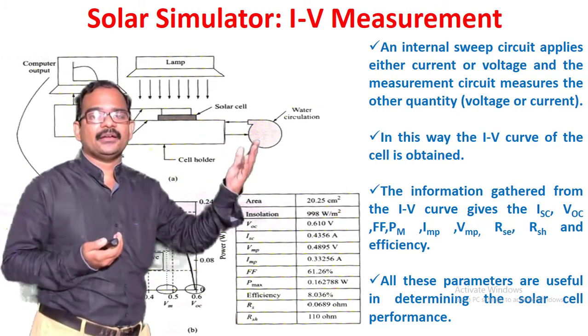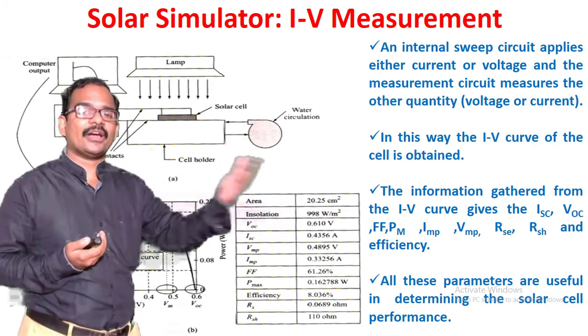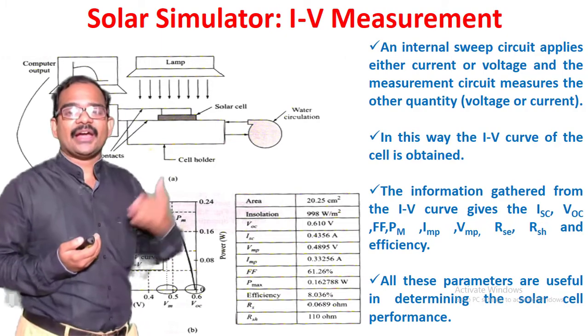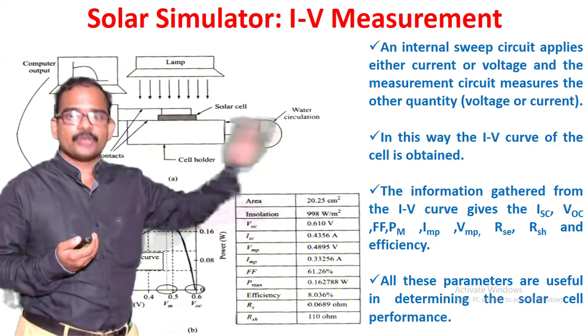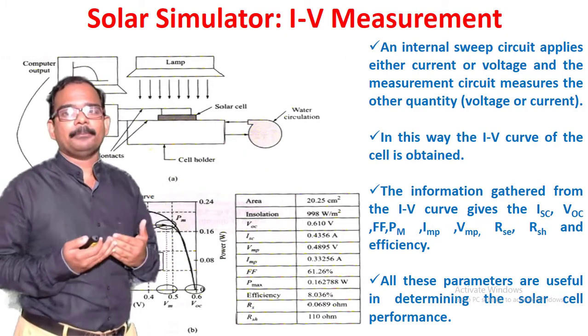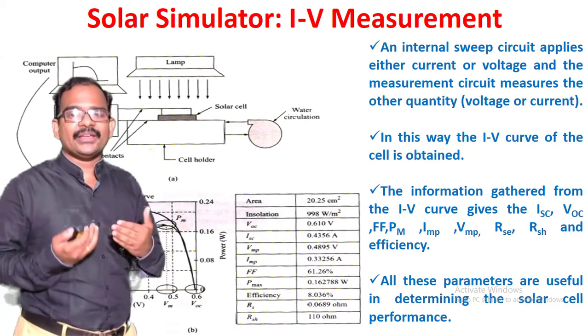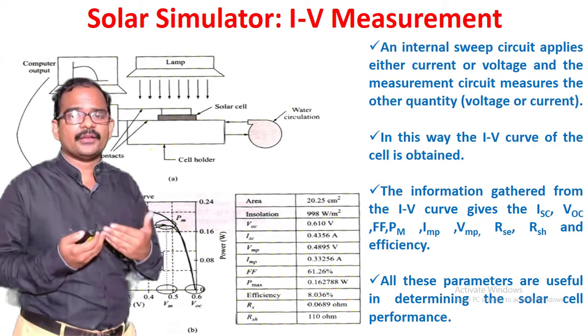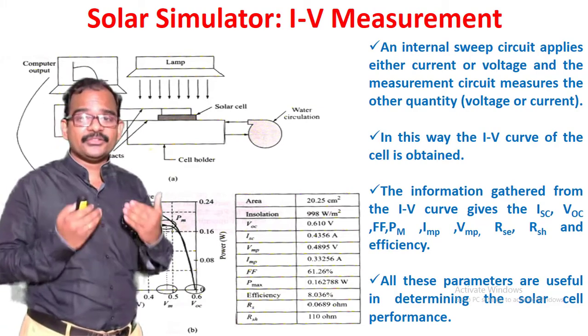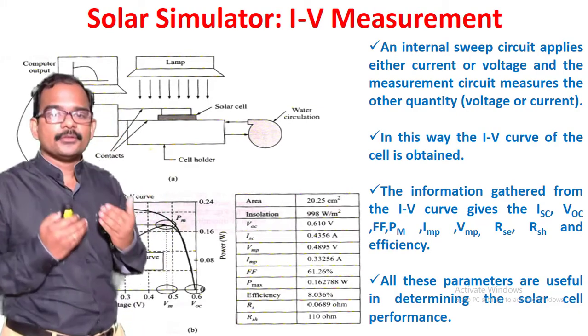If I apply current through a sweep circuit, now I will measure the voltage. If I apply the voltage in the sweep circuit, now I will measure the current. By getting these two current and voltage readings, we can plot the IV curve of a solar cell. The system itself will plot the IV curve of a solar cell.